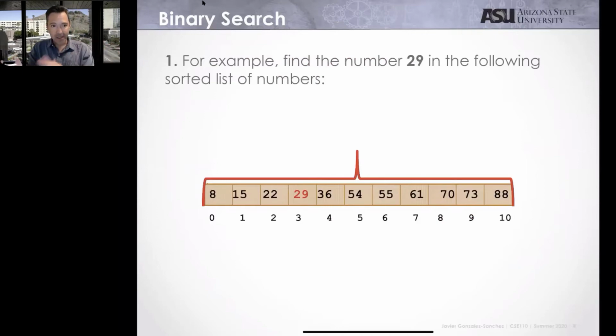So going back to binary. Imagine that I have this array, and imagine that in this array I am searching for the number 29. It's an integer array, and I am searching for the 29. I know that the 29 is there.